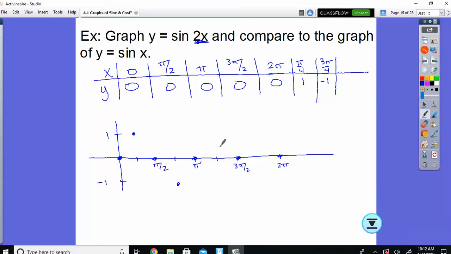We could keep plugging in points. If we put in the next one, this is back to 1. If we put in those, we get negative 1. What happened to my graph?